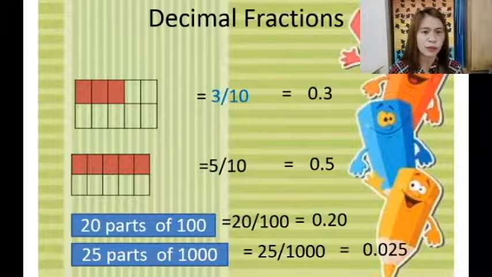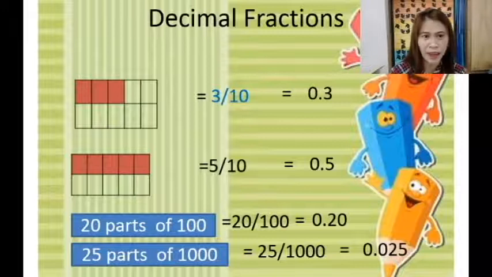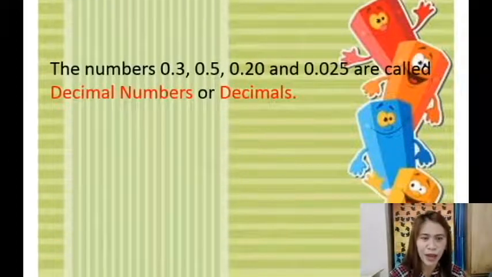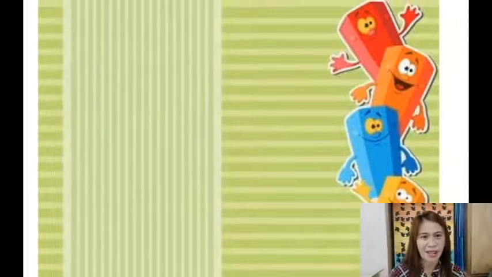Well, the 25/1000, okay, so 1,000 man ang denominator, so dapat ang iyang place value sa 5 is in thousandth place. Okay? So, we have the 0 is in 10th place, 2 is in 100th place, and then 5 is in thousandth place. Okay? So, the 0.3, 0.5, 0.20, and 0.025 are called decimal numbers or decimals.